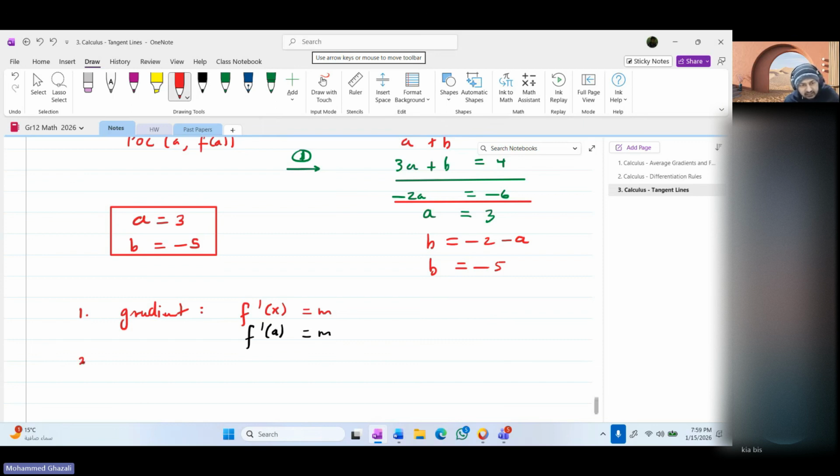The second important thing is the point of contact. Point of contact is a and f of a. Which implies we need to take the value of a and substitute it. So basically, f of a is equal to the y value. Okay, and that's it.